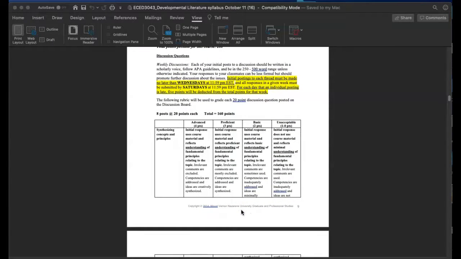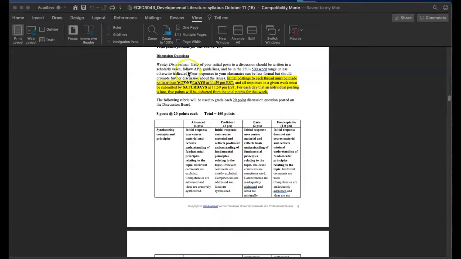Now, your weekly discussions. Each of your initial posts should be written in a scholarly voice and follow APA guidelines and be within 250 to 500 words, unless otherwise indicated. Your responses are going to be less formal, but should promote further discussion.